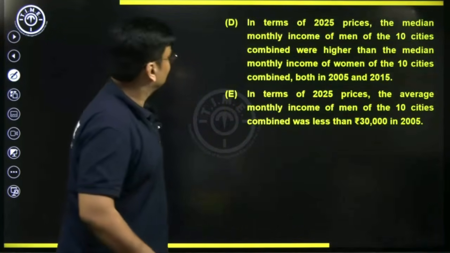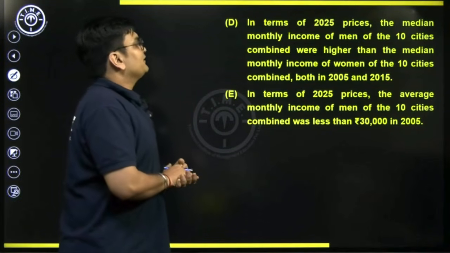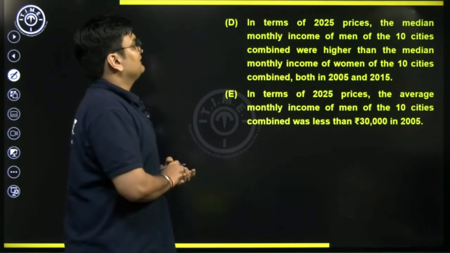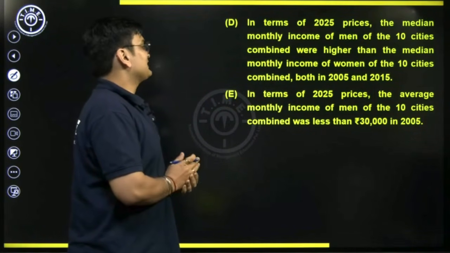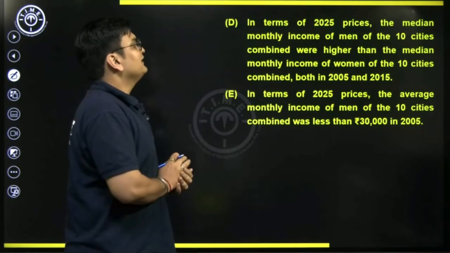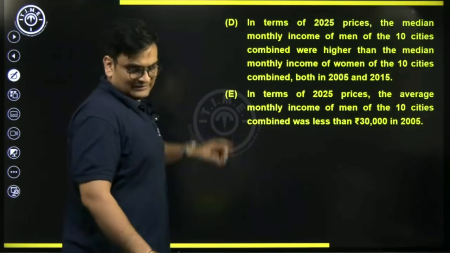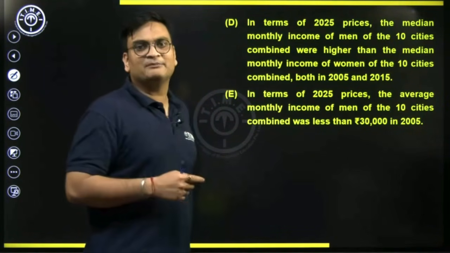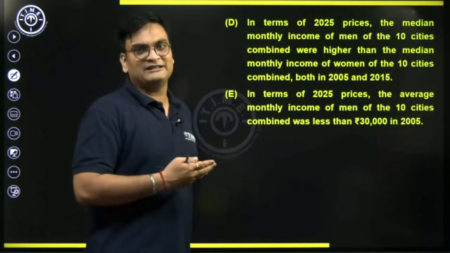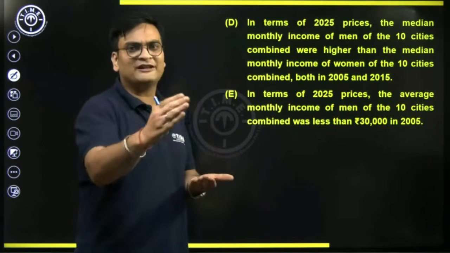Not my answer. In terms of 2025 prices, the median monthly income of men of the 10 cities combined were higher than the median monthly income of women of the 10 cities combined, both in 2005 and 2015. Now please understand, when we are talking about median monthly income of men of the 10 cities combined, I need to know how many men, how many women are there, so that I can think about what the median value will be.